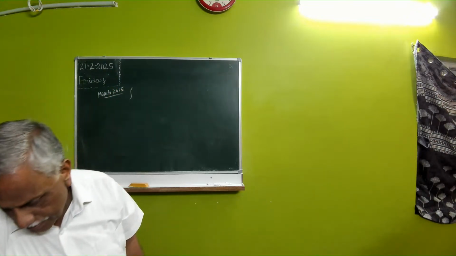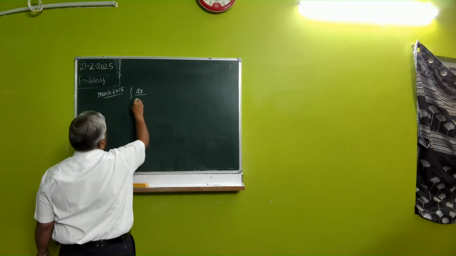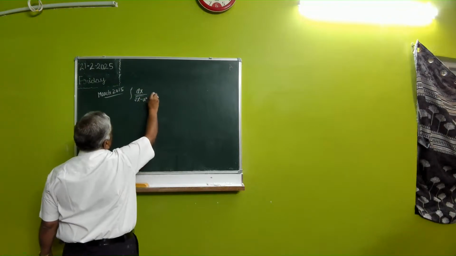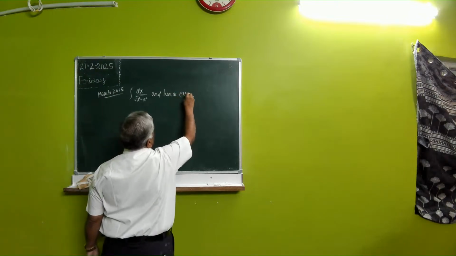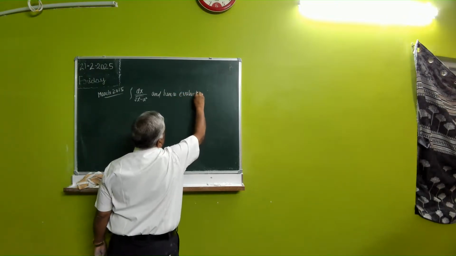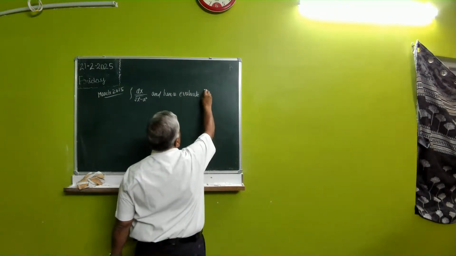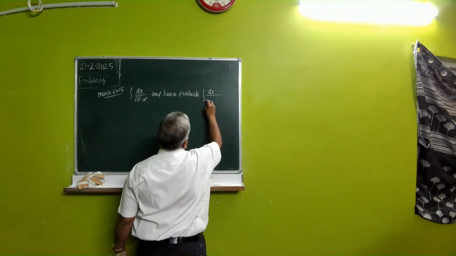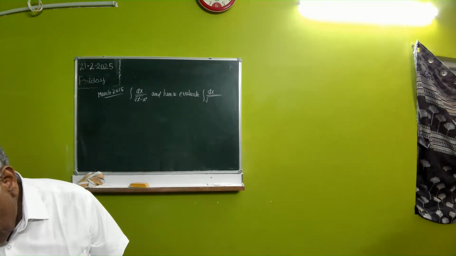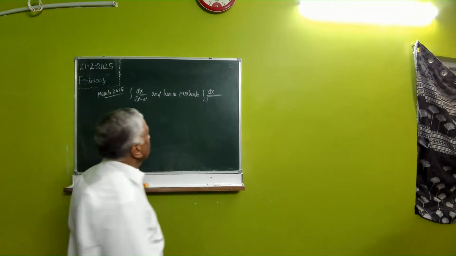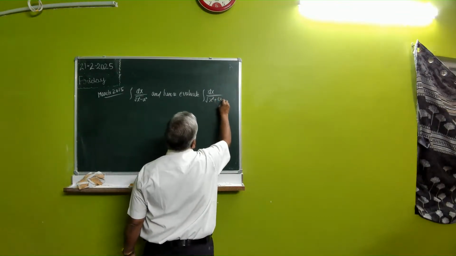Integrate dx over root of x square minus a square and hence evaluate dx over root of x square plus 6x minus 7.